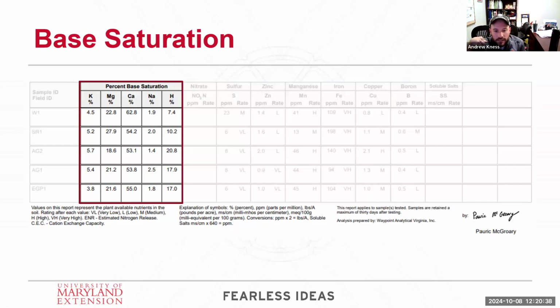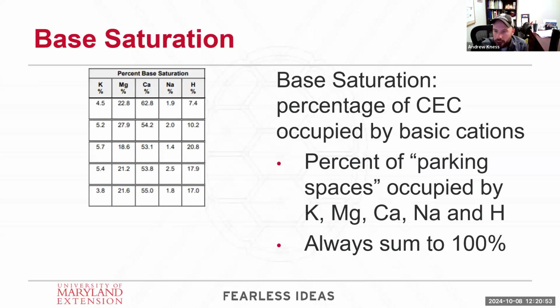All right, so next is what we call base saturation. Now this is somewhat related to cation exchange capacity. On the Waypoint lab, we see a section for base saturation in the lower left. Base saturation is the percentage of your cation exchange sites, those parking spaces, that are occupied by what we call basic cations.